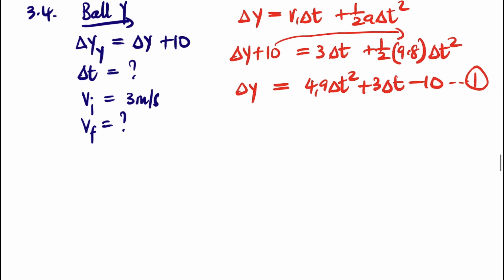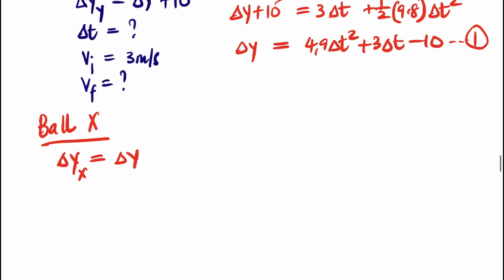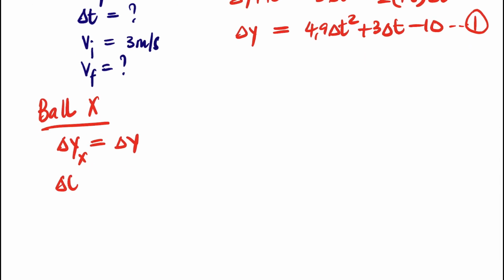And then now let's go to ball x. I'm going to create an equation for ball x. The displacement for ball x is equal to change in y, right? And the time for ball x, remember, is equal to the time for ball y minus 1, as I've mentioned earlier.